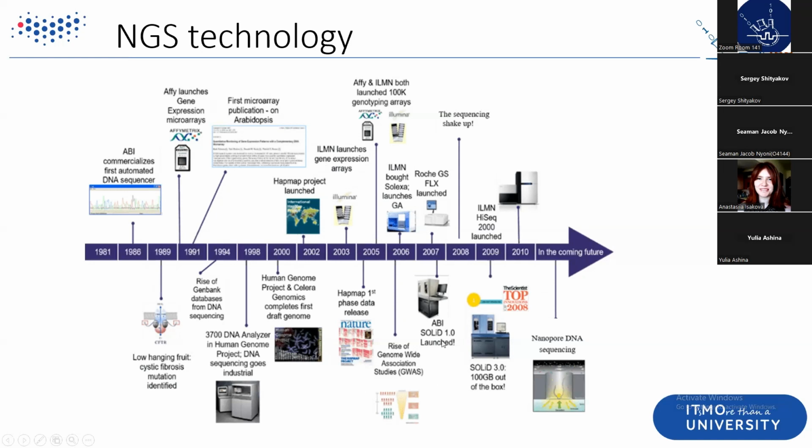So now we have some new generations of Illumina platforms. Even nanopore DNA sequencing is widely used so far, and we have projects using this methodology, which is also significantly reducing the cost and improving the effectiveness of sequencing.